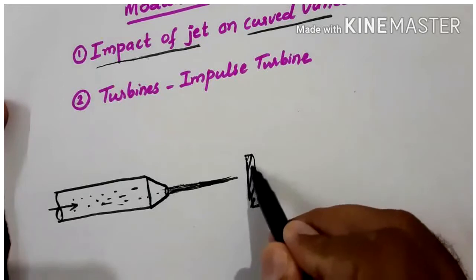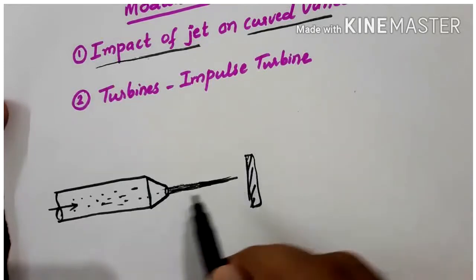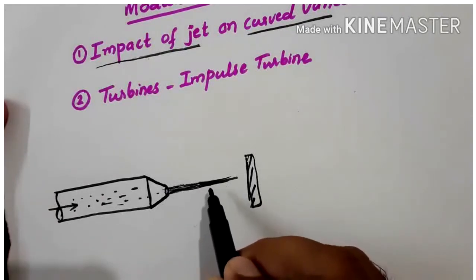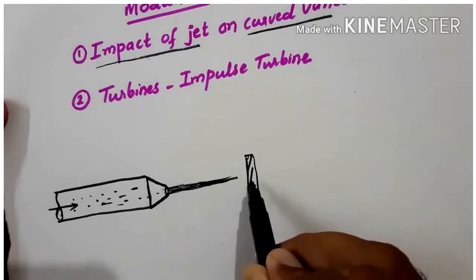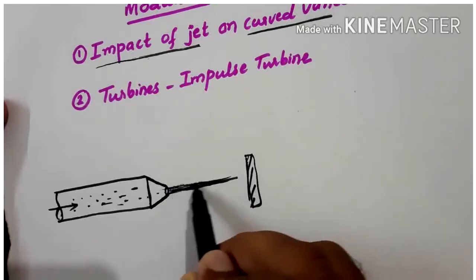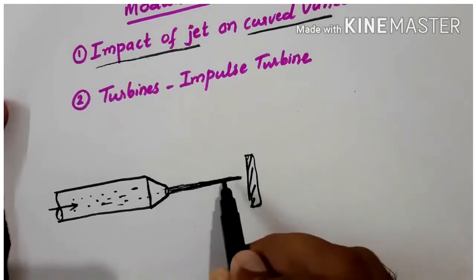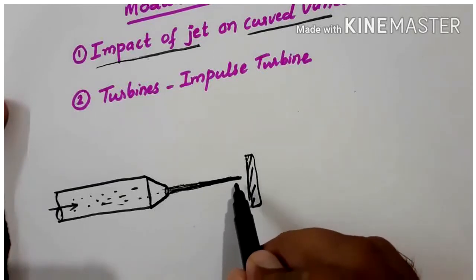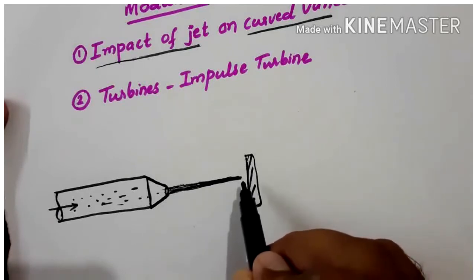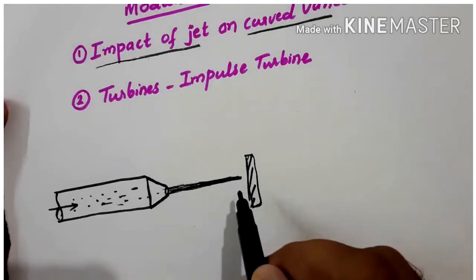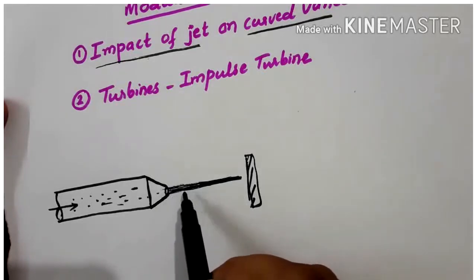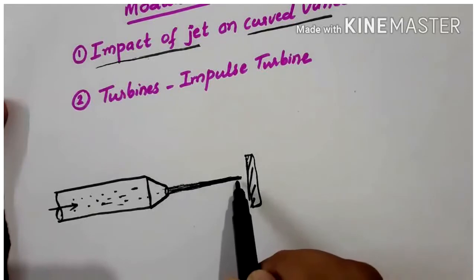Then this jet will exert a force on the plate, and this is what we call impact of jet. That is, the force exerted by the liquid jet on the plate is known as impact of jet.